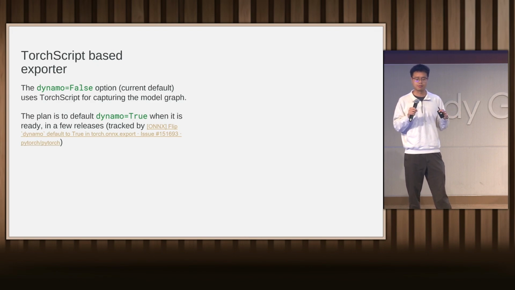When it comes time to deprecate TorchScript itself, that's probably when the dynamo=False option is going to go away. The plan is to make dynamo=True the default in a few releases, when it stabilizes and we bridge the remaining gaps. It's now tracked by a GitHub issue that you can look at.